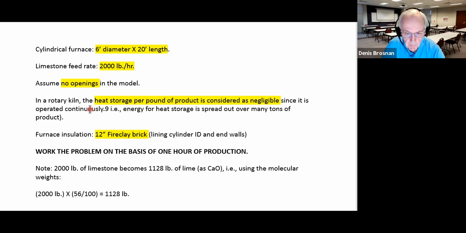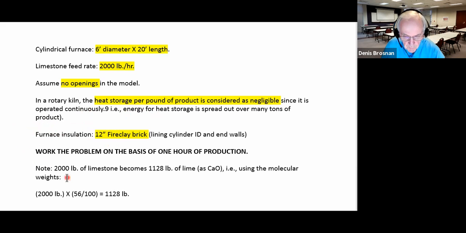So we're going to be interested in the energy loss. The furnace insulation in our case is 12 inches of fire clay brick, lining the cylinder's internal diameter of the rotary kiln for thermal protection of the steel shell. We're going to work this problem on the basis of 1 hour of production.